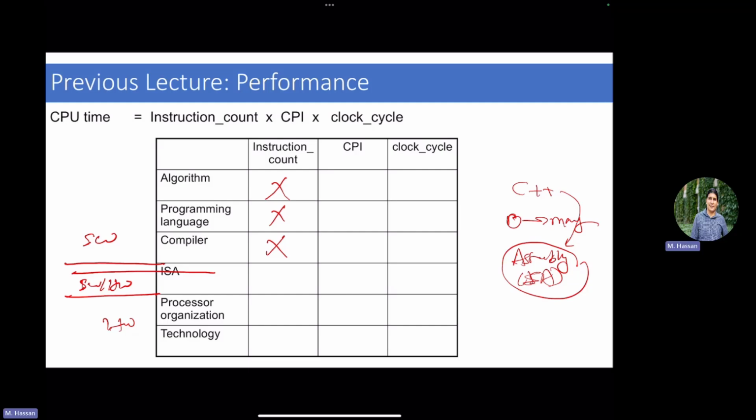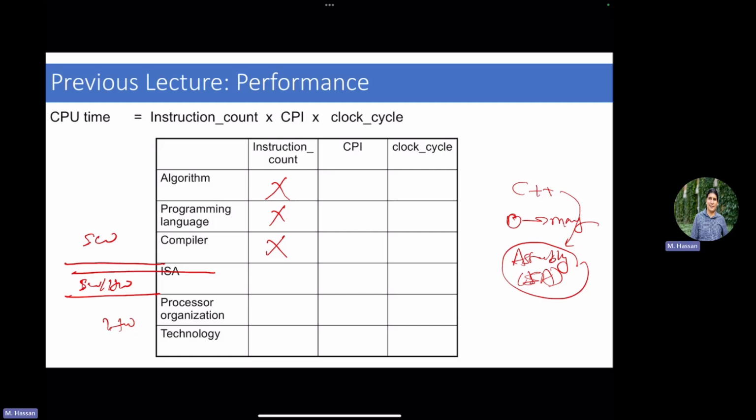Now we go to the hardware layer. So let's take one column at a time. For the ISA, does it impact instruction count? We answered this before. What do you think? Yes. And why is that the case? Can you give me an example that we had last lecture? For one instruction.